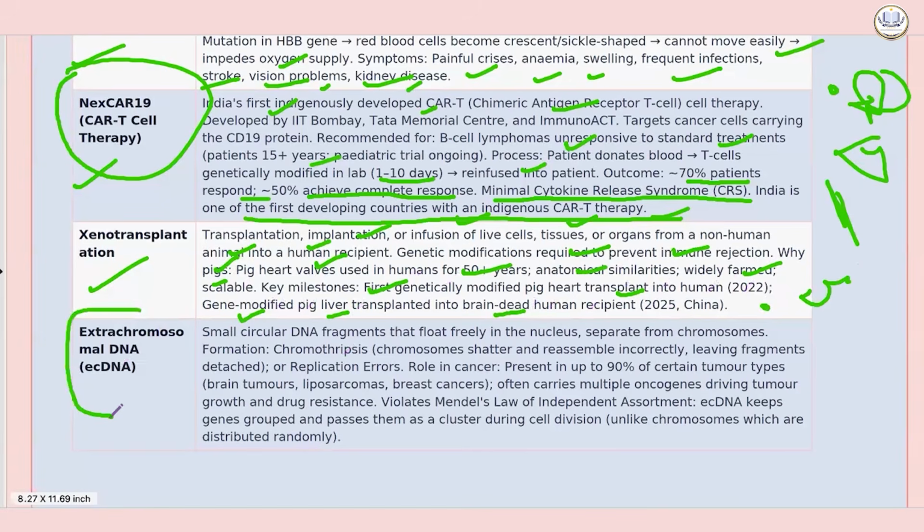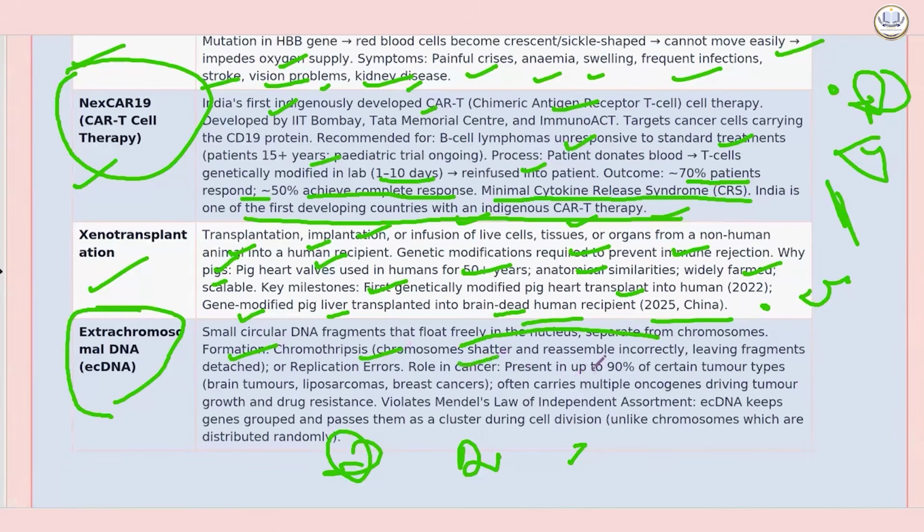Then we have extrachromosomal DNA, okay, ecDNA: small circular DNA fragments that float freely in the nucleus, separate from chromosomes. Formation is through chromothripsis, that is chromosomes shatter and reassemble incorrectly, leaving fragments detached, or through replication errors.